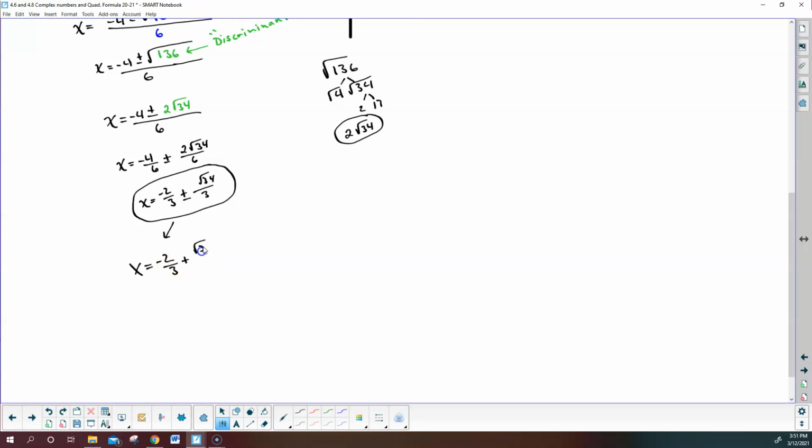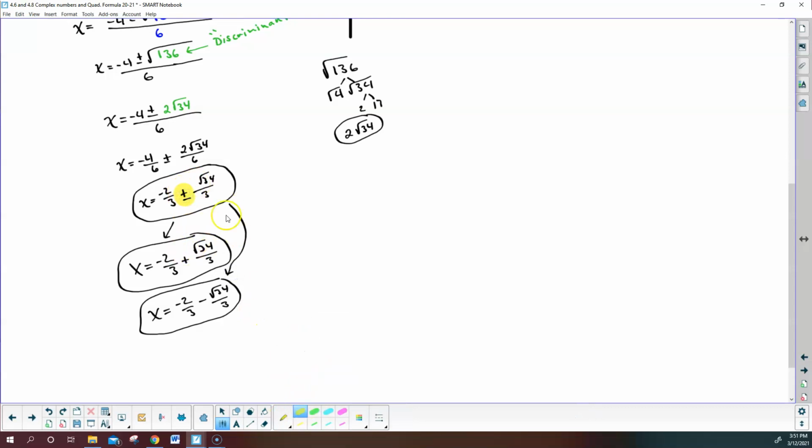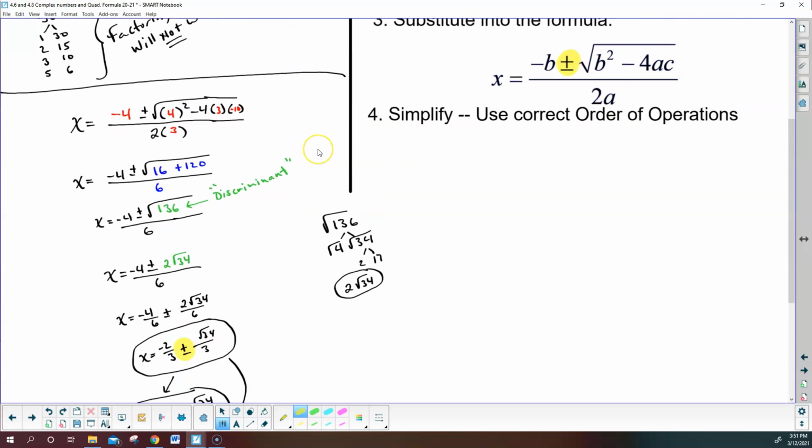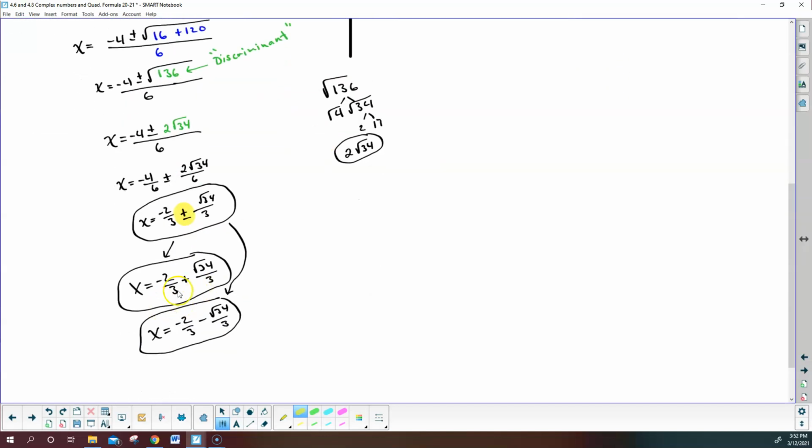One of the answers looks like this with the addition, and the other one is the exact same thing except for subtraction. So that's what that plus and minus are referring to, is you see the plus and minus in the equation. That means there's 2 potential answers that could come out of this. One with the plus, one with the minus.